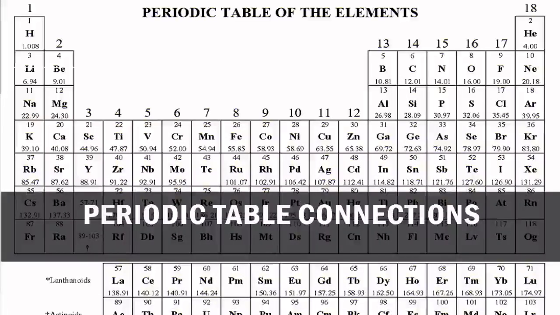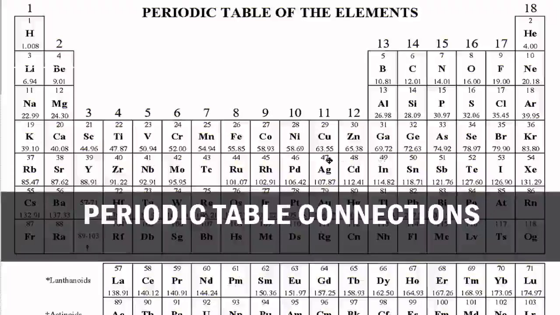And then there's also the trends associated with this chart itself. So electronegativity increases as you go up and to the right of this chart, and it peaks at fluorine.